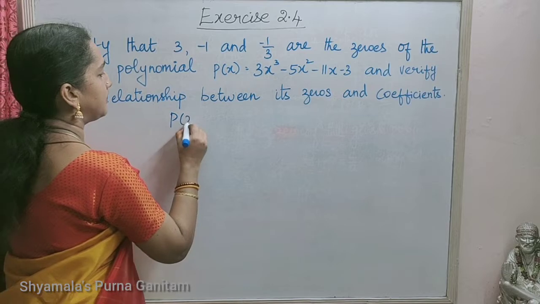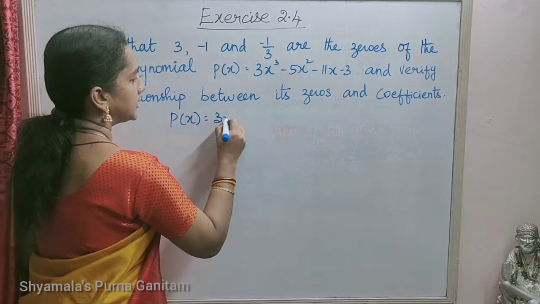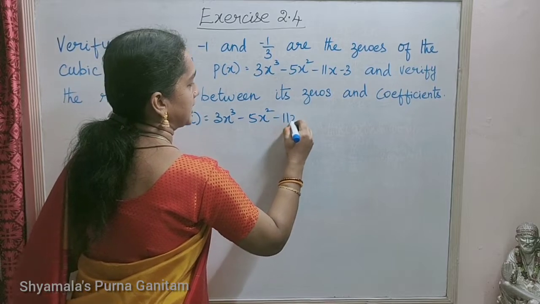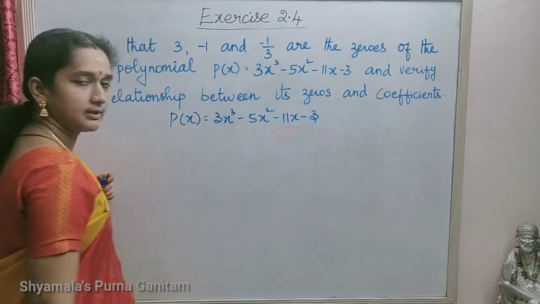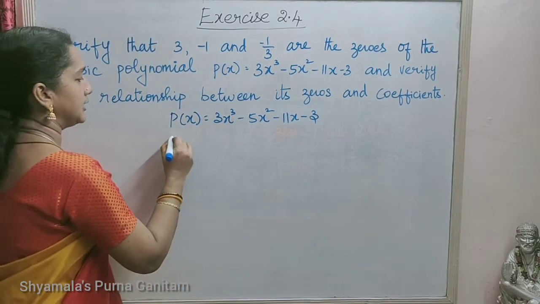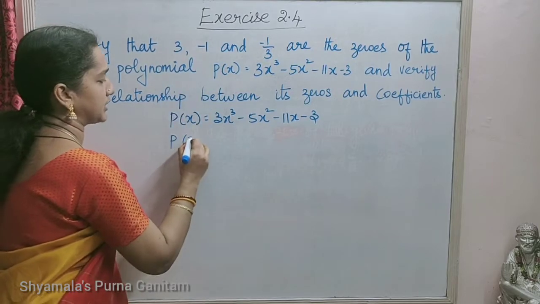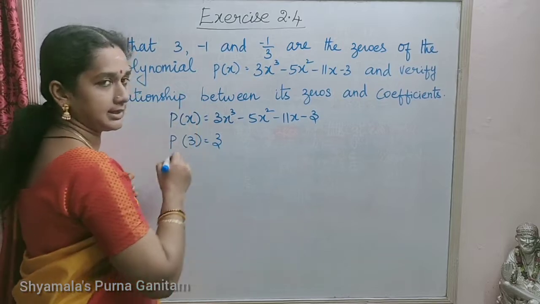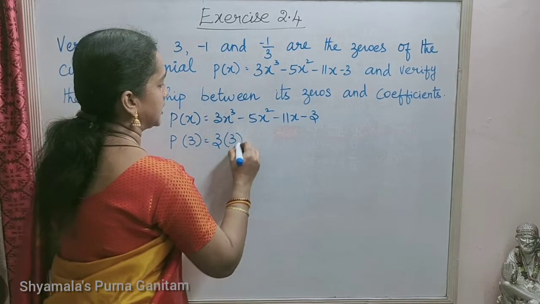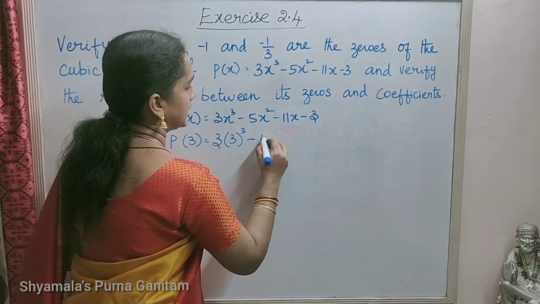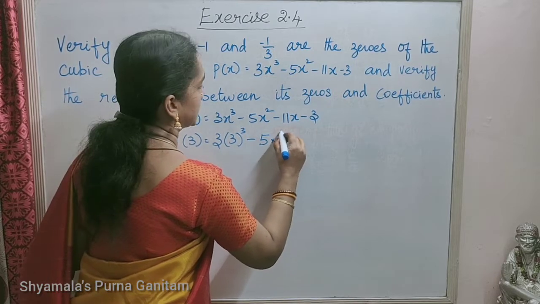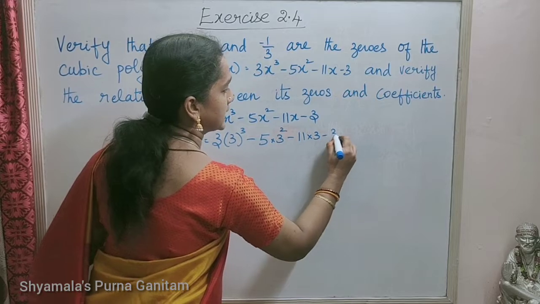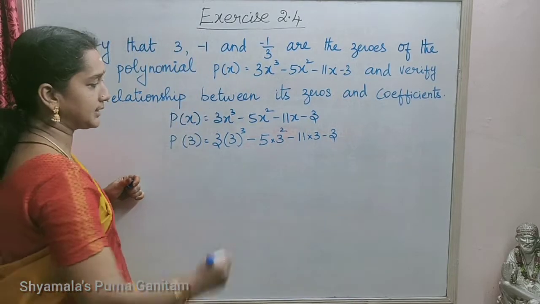So p of x is equal to 3x cube minus 5x squared minus 11x minus 3. This is the given question. In this, we are asked to check first 3. We will substitute 3 wherever x is there. So this is 3 cube minus 5 into 3 squared minus 11 into 3 minus 3. Now this has to be simplified.